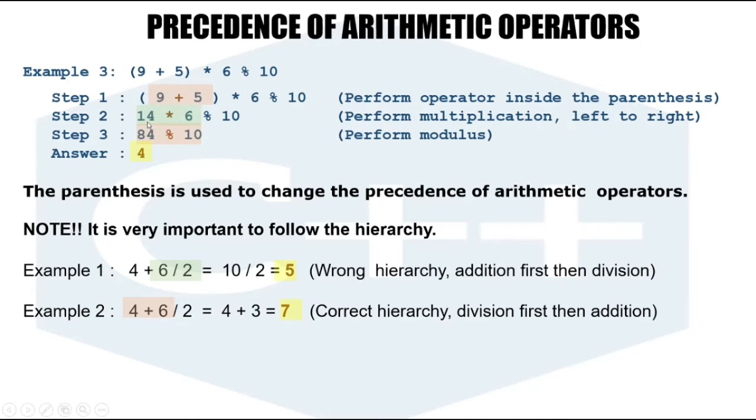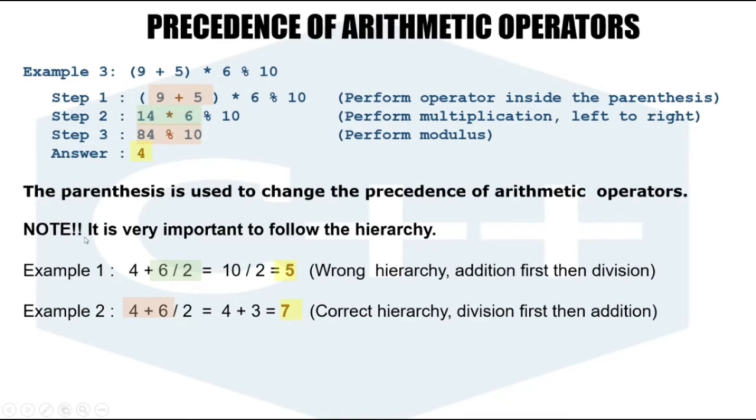Second step, i-perform natin ngayon yung multiplication. 14 times 6 is equal to 84. At yung last operator na i-perform natin is modulus division. 84 modulus division 10 is equal to 4.